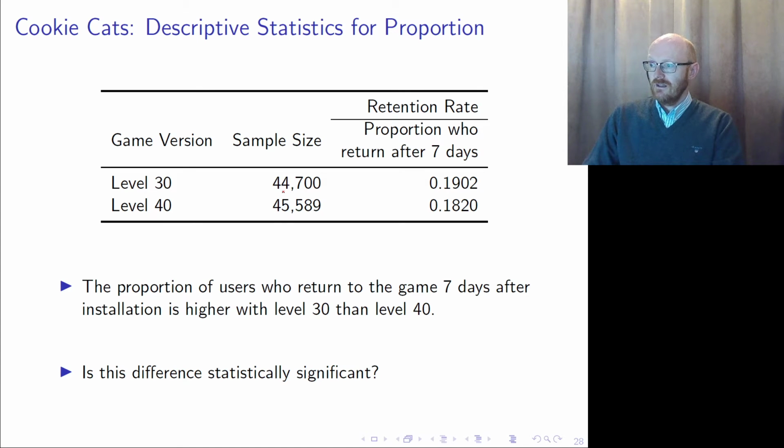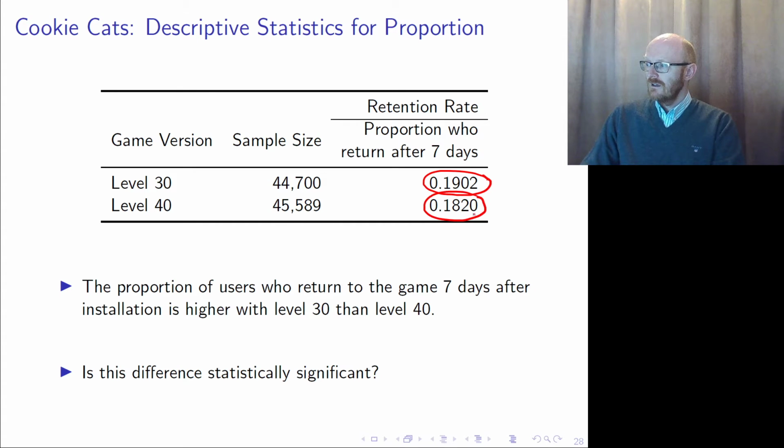They have the same sample size as previously, but here only 18.2% return 7 days after installing the game. So they have a retention rate of 0.182. So we see that this is higher than this.